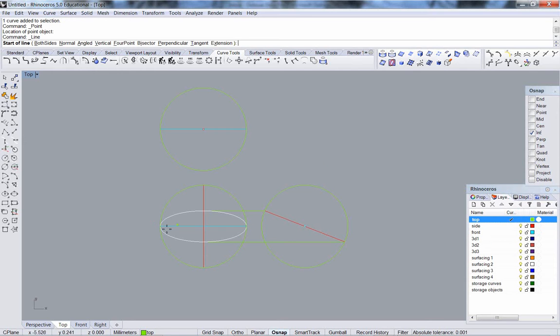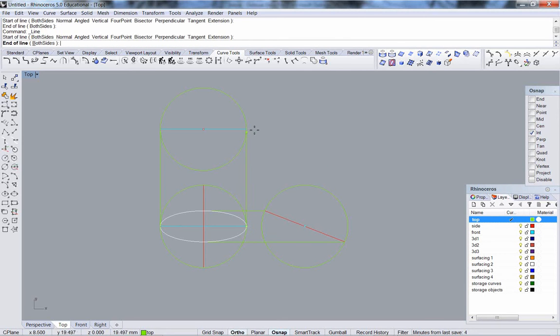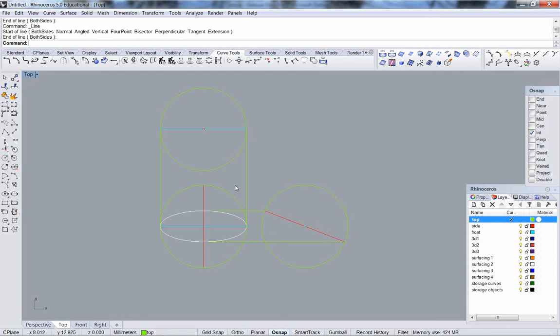It's important to take a look at this and be comfortable with what it represents.